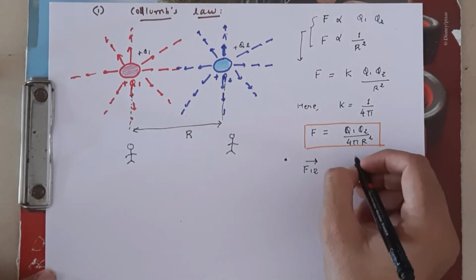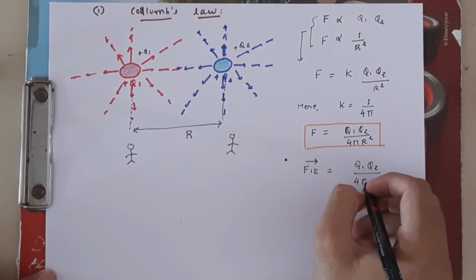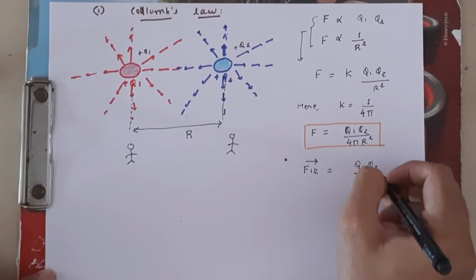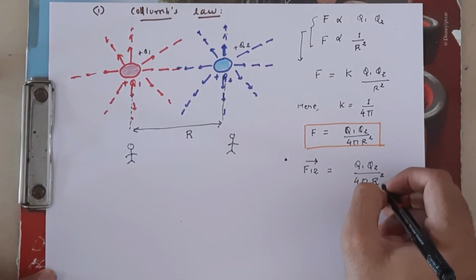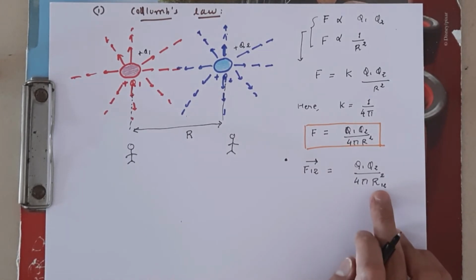So F12 is equal to Q1 Q2 upon 4 pi r square. But it is not only r, it is r12. R12 indicates the distance between the first and second charge.